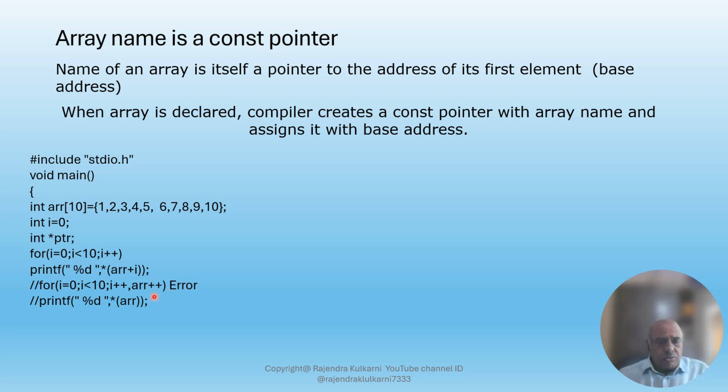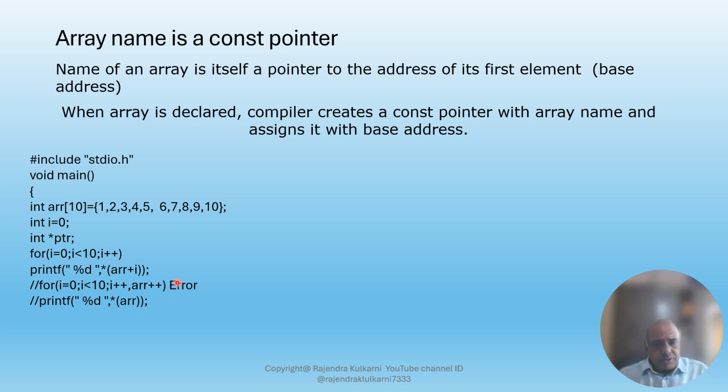What if I want to get the values by progressively incrementing the pointer by the expression arr plus plus? When I try to do it, the compiler throws an error because arr, being a const pointer, its value should never be changed.